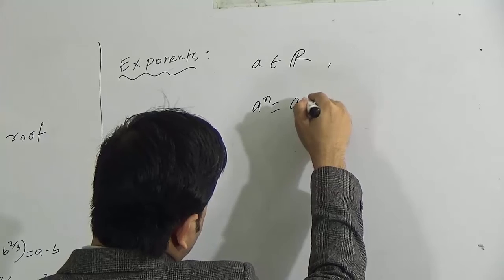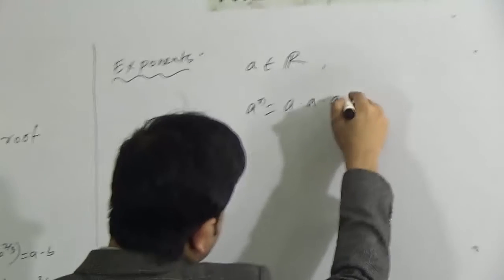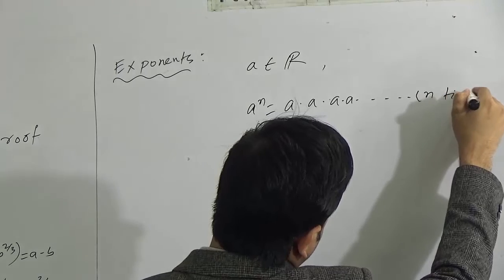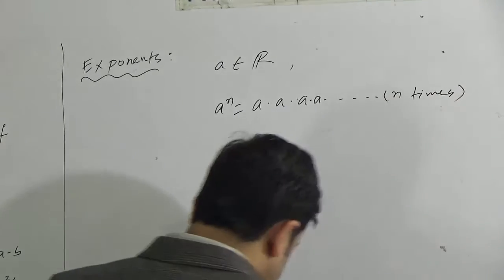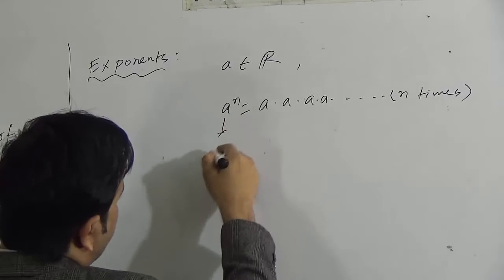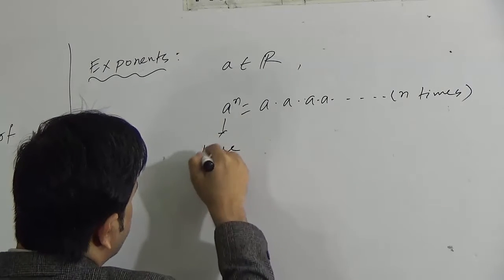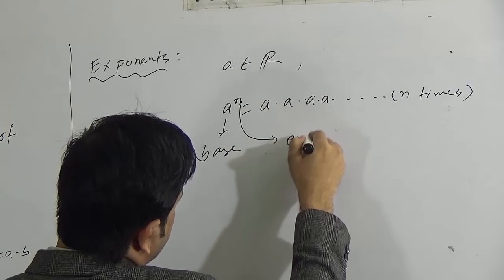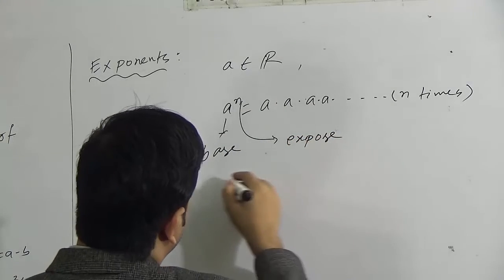That will be equal to the product of a in this way up to n times. In this case, we can say a is the base and n is the exponent of the base a.